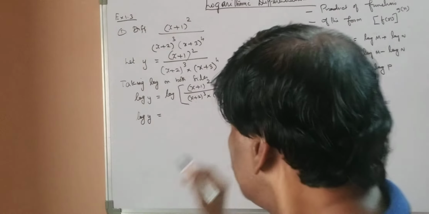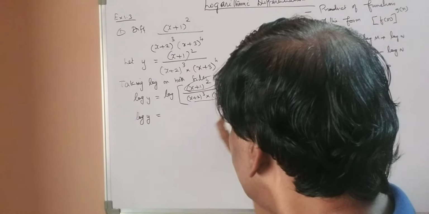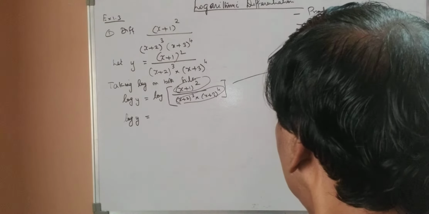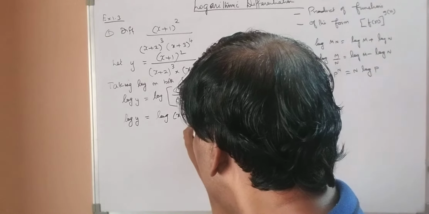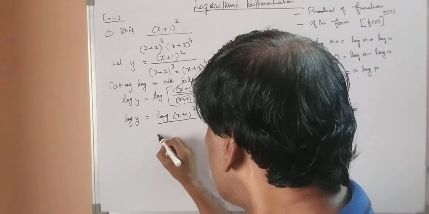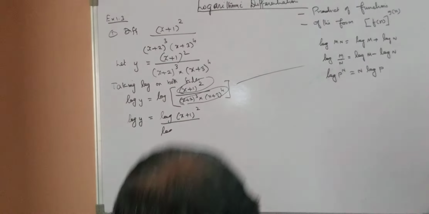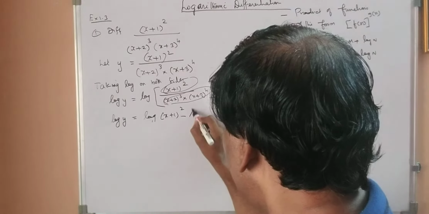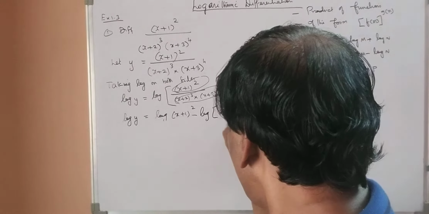Now look at this. Log of, this is m, this is n. The m by n formula: log of m minus log of n. Again n is in the form of a product.